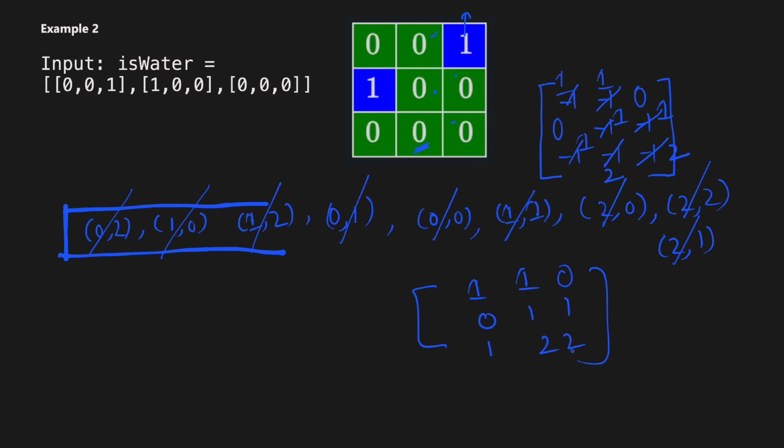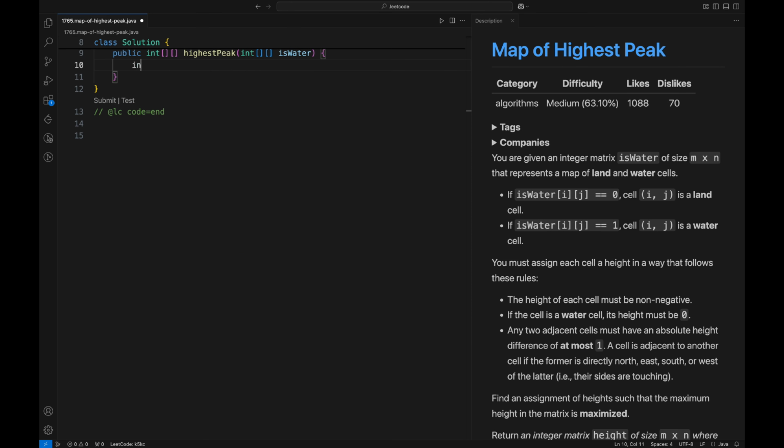So now let's jump into the code part. First, let's get the number of rows and number of columns of the isWater matrix, let it be m and n, and create the answer matrix with the same dimensions. Let's also initialize a queue to facilitate the BFS process, and we will be storing the cell coordinates in it.